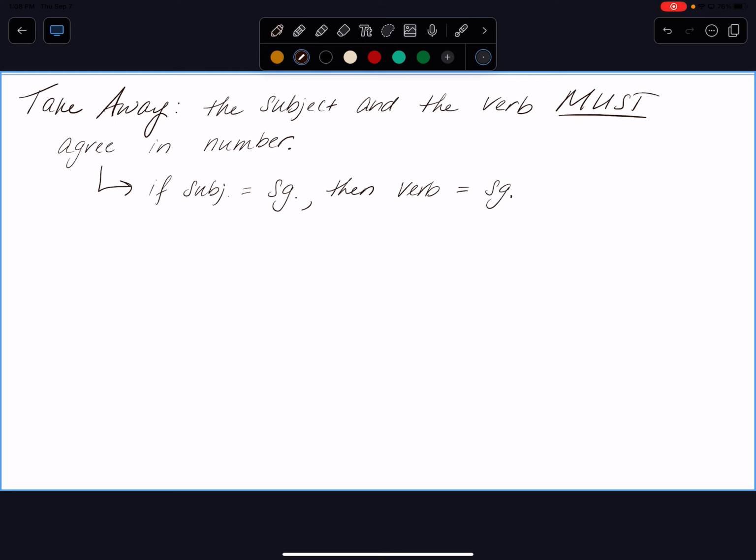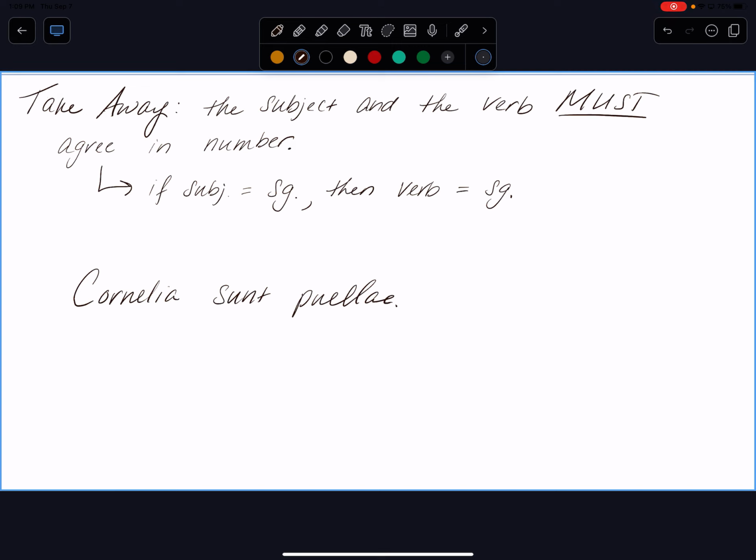If the subject is plural, the verb must also be plural. They have to agree. What you can't do is say Cornelia sunt puella. That is grammatically wrong. Because what's sunt? Are.